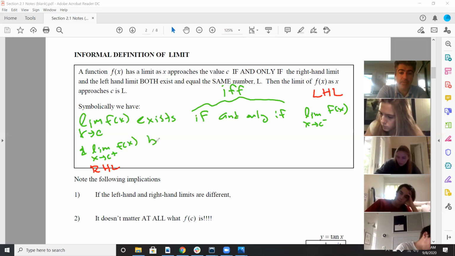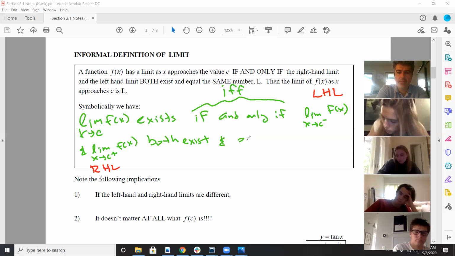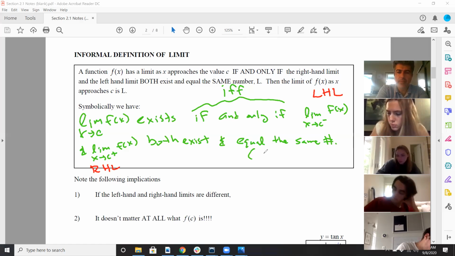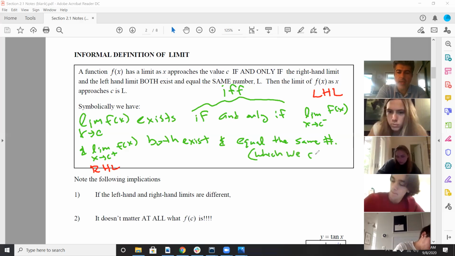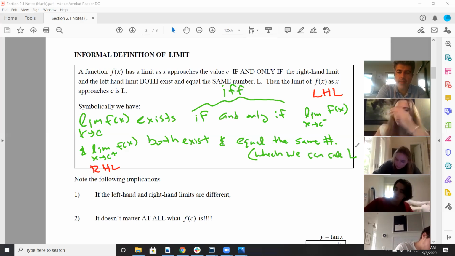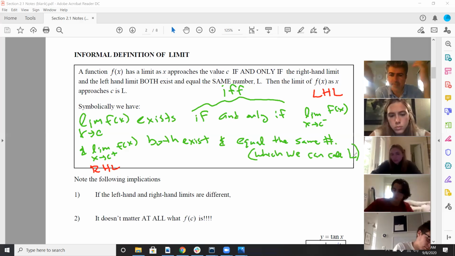Both exist, so you can find what they are, and equal the same number, which we can call L, L meaning the limit.